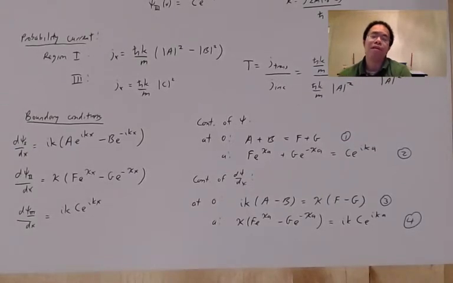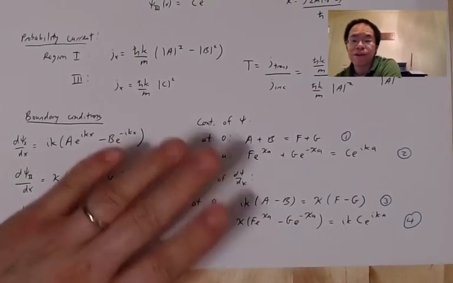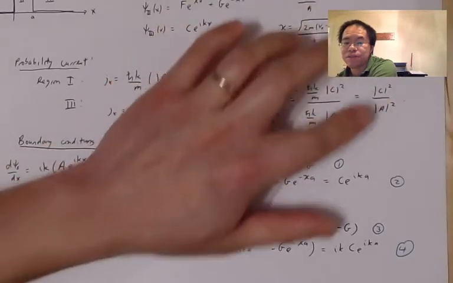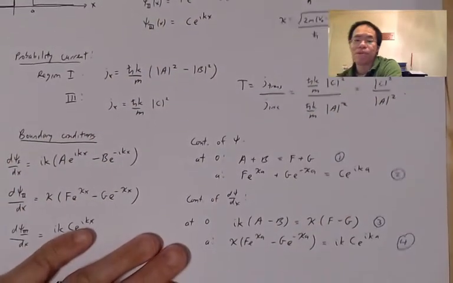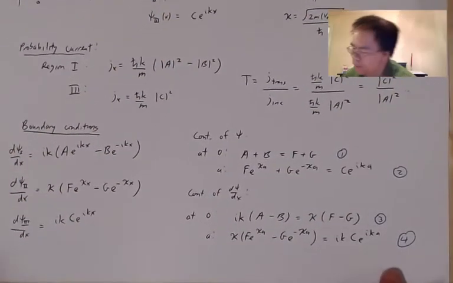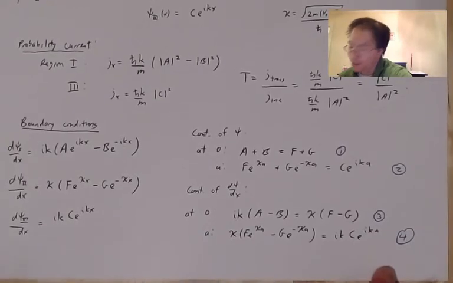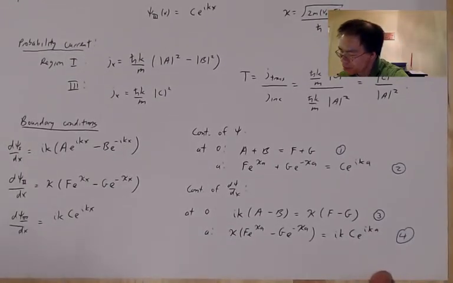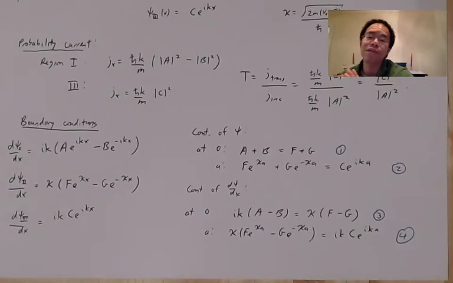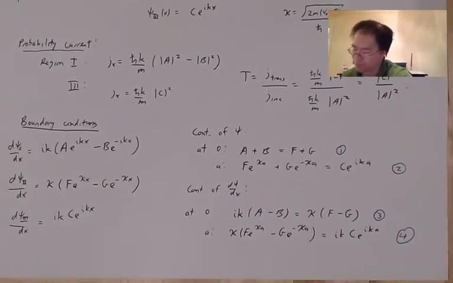So at this point, we already said that our goal is to get c in terms of a. It's going to be worth our while to strategize a little bit before we dive into the algebra. One thing is, if we're mainly interested in the transmission coefficient, we really don't care about b for that purpose.